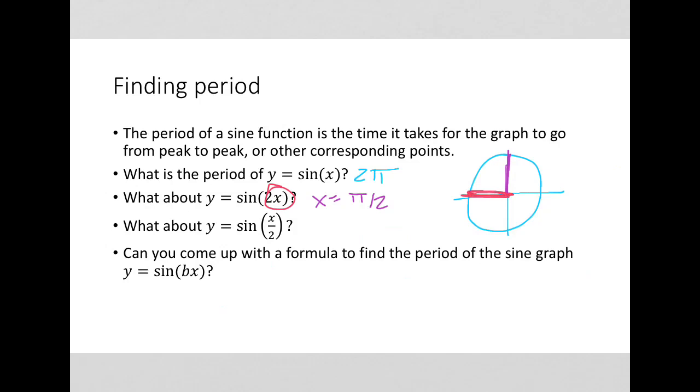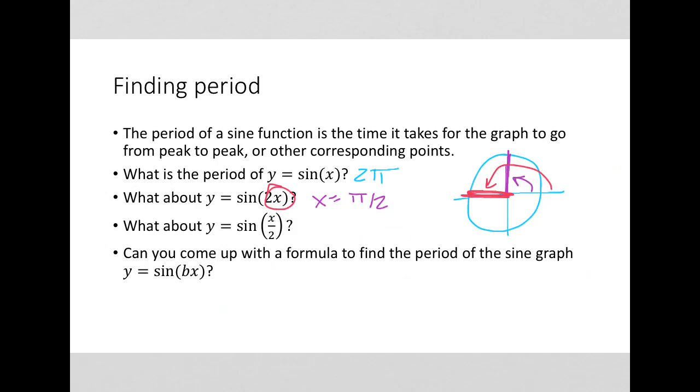Instead of going from there to there, I'm going all the way to there. So, I'm moving through the unit circle twice as quickly, which means it's going to take half as long. And that's kind of weird.